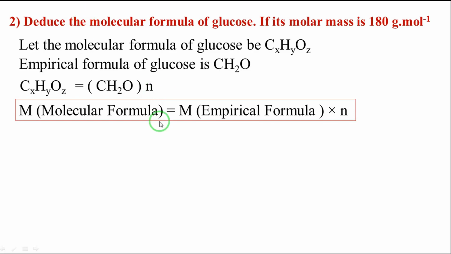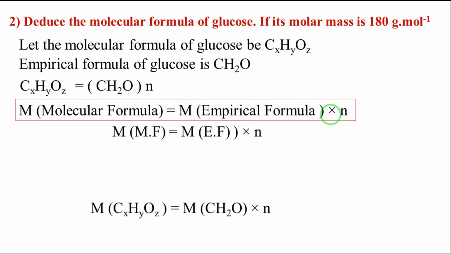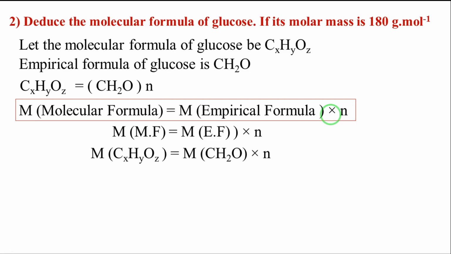Now we can say that the molar mass for the molecular formula CxHyOz is equal to the molar mass of the empirical formula multiplied by n. So you have just to substitute the symbol for the molecular formula and the empirical formula, and we will reach the following: n is equal to the molar mass of the molecular formula divided by the molar mass of the empirical formula.